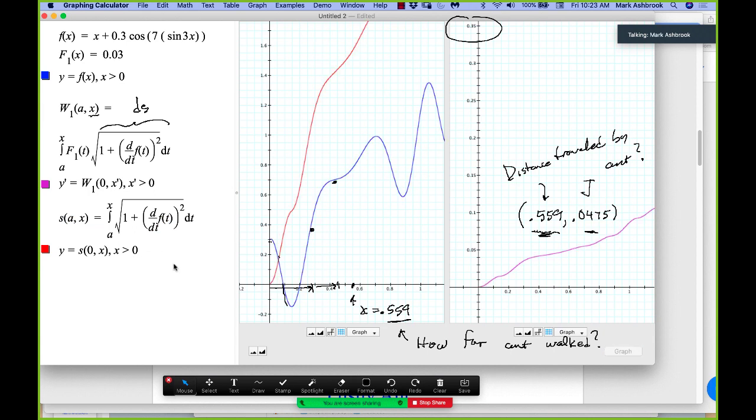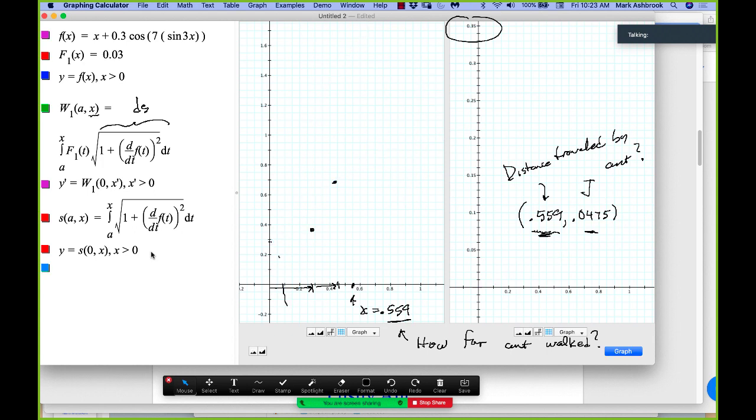Here's the arc length function. How can I find out how far the ant has walked at 0.559, when its x coordinate is 0.559? Sub 0.559 into the x. I'm just going to type s of 0.559, using our function notation.